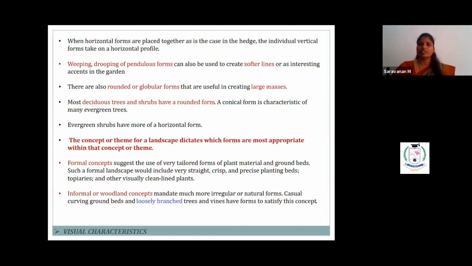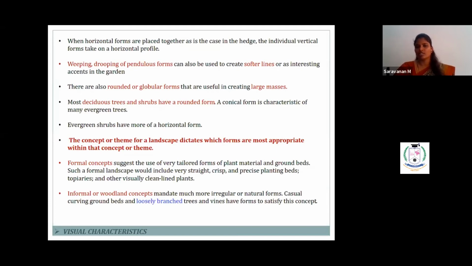So most of the deciduous trees and shrubs have a round form, and evergreen shrubs have more of the horizontal form. The concept or theme for the landscape dictates which form is more appropriate. You have formal concepts and informal ones.